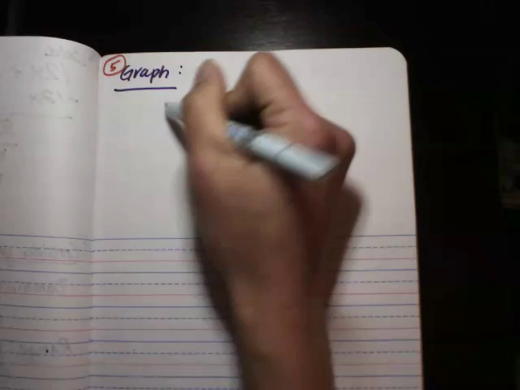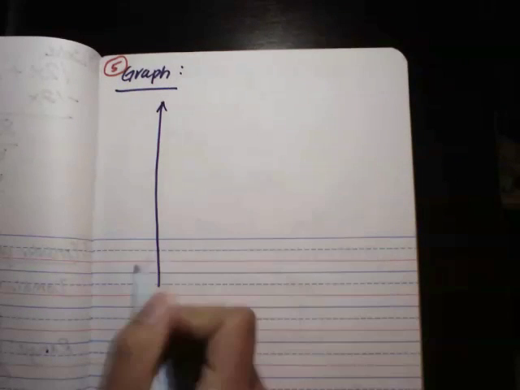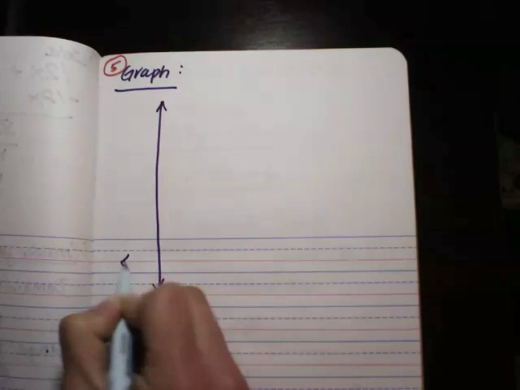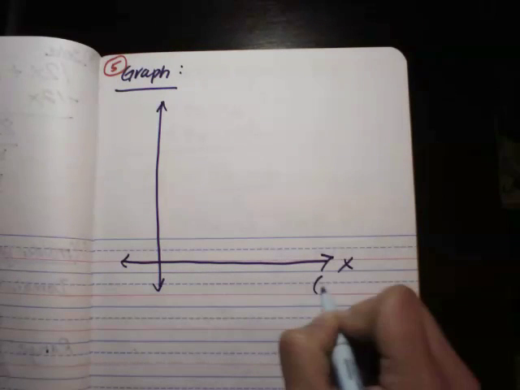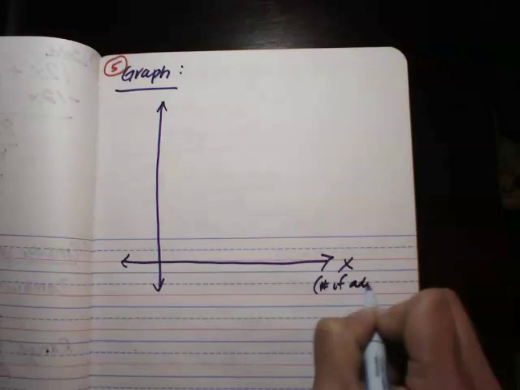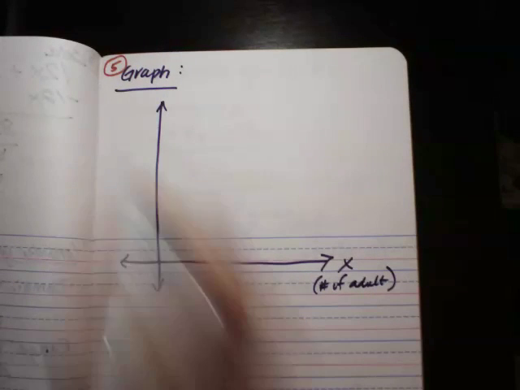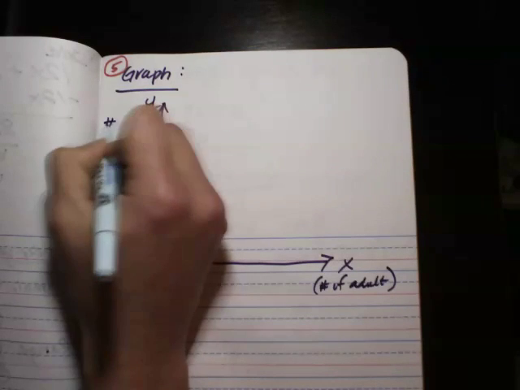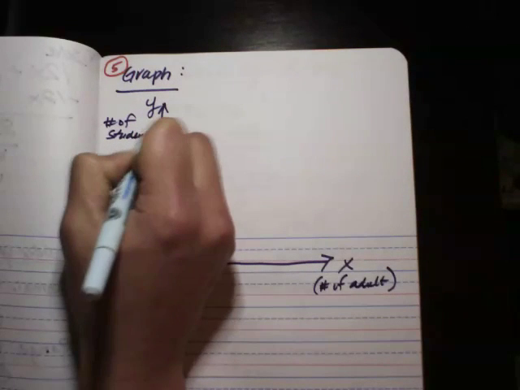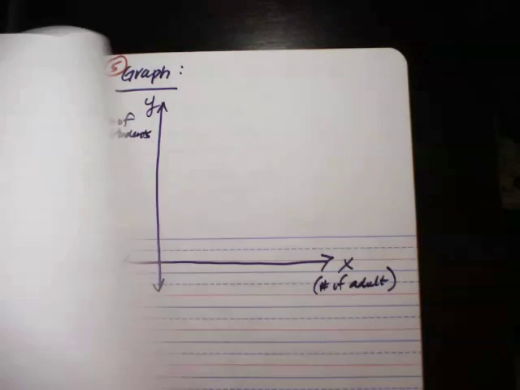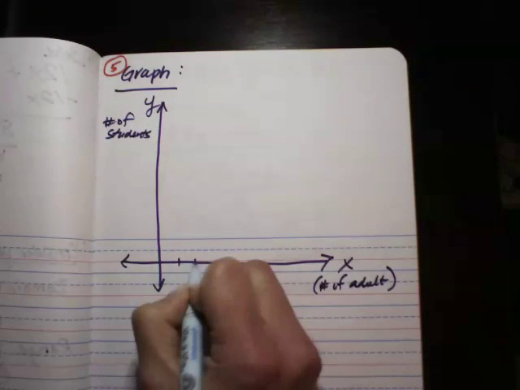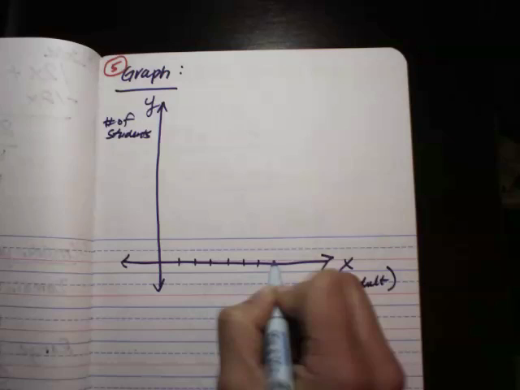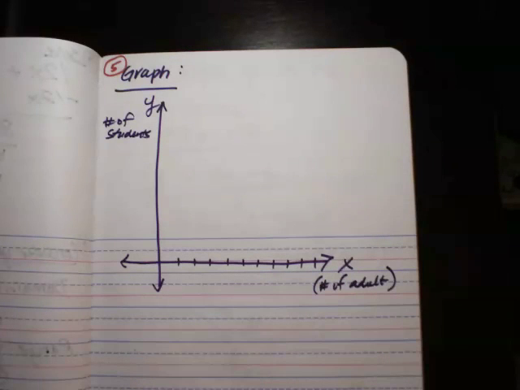Okay, so step 5, let's graph. Here are our x values, and x values is number of adults. I'm going to write this to remind us of what that means. Y values, number of students. Looking at our domain and our range, our domain goes from 0 to 10, so you only have to number from 1 to 10.